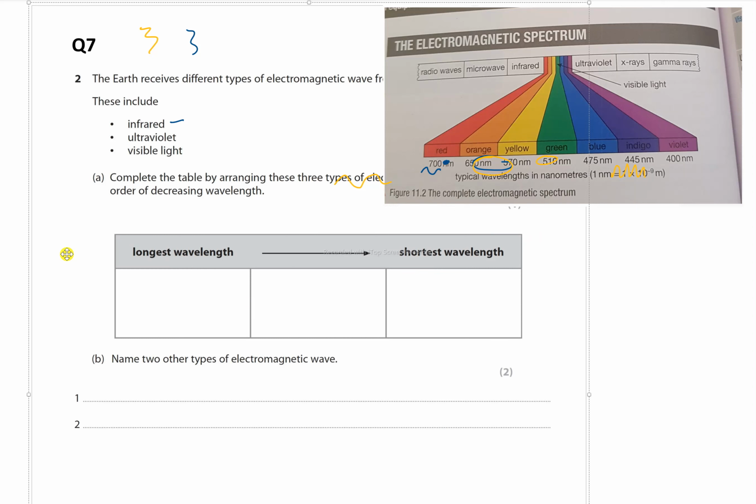So we can say this is the longest, infrared, then you've got visible, and then you've got ultraviolet, shortest wavelength. So remember, it's radio waves, microwaves, infrared waves. Then you've got light, ultraviolet, X-ray, gamma.